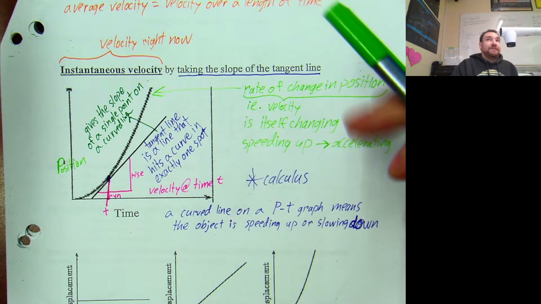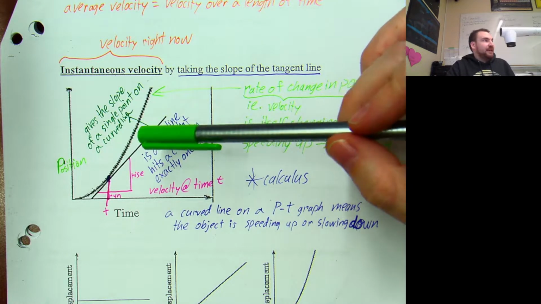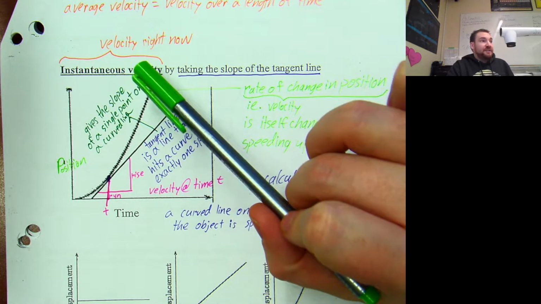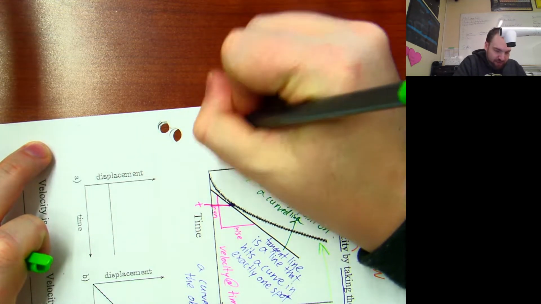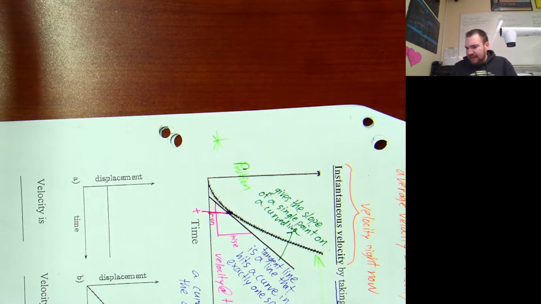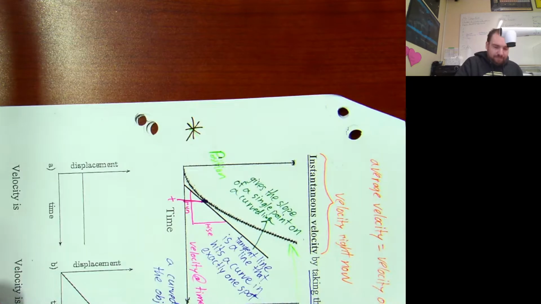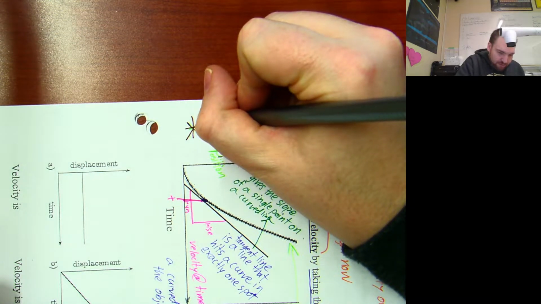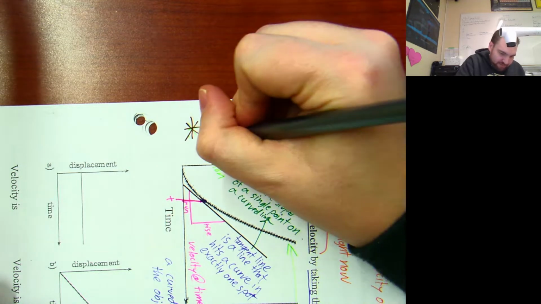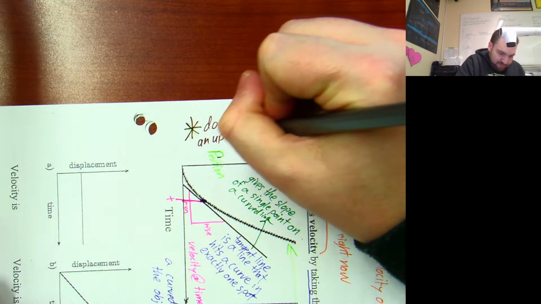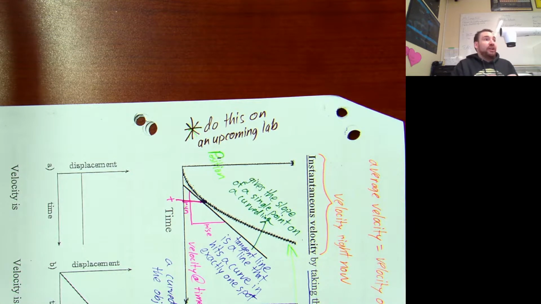Okay. So just so you're aware, there are 2 questions out of your homework that I'm going to get you to practice instantaneous velocity on. But the bulk of this, I'm going to put a big star here and a color that we can actually read. You're really going to practice this on an upcoming lab.